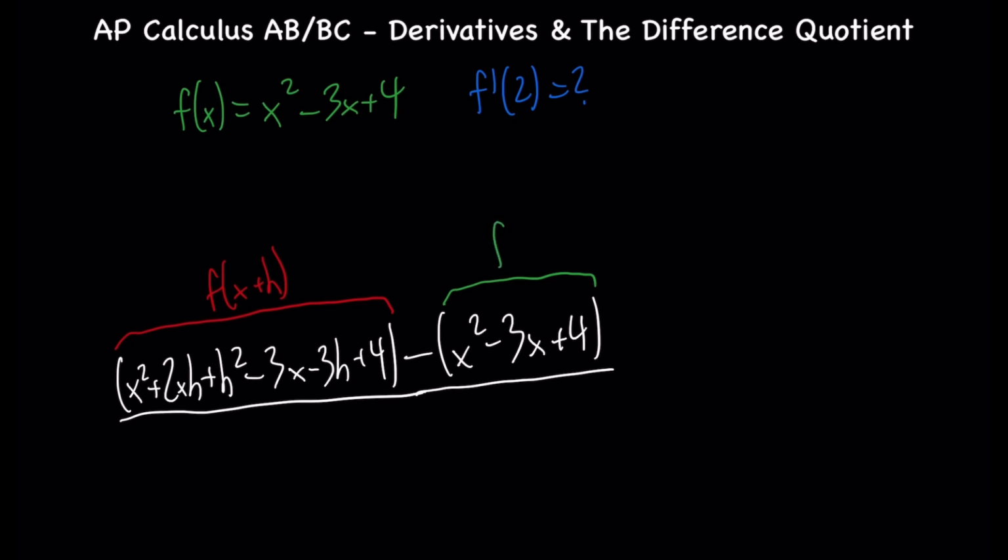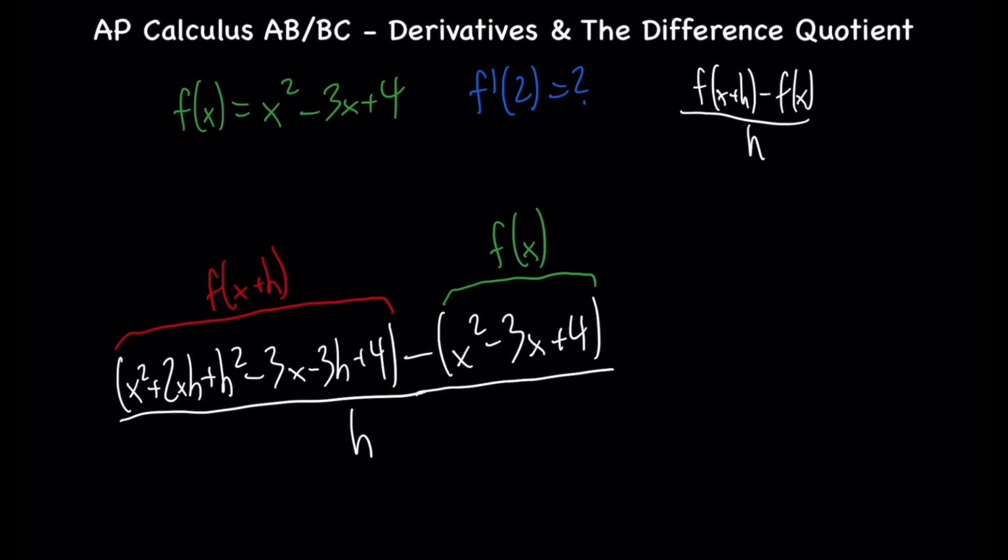This entire thing represents f of x. And then we just have h at the bottom. But you don't really need to memorize that. So you can kind of see how this is going hand in hand with the formula already.